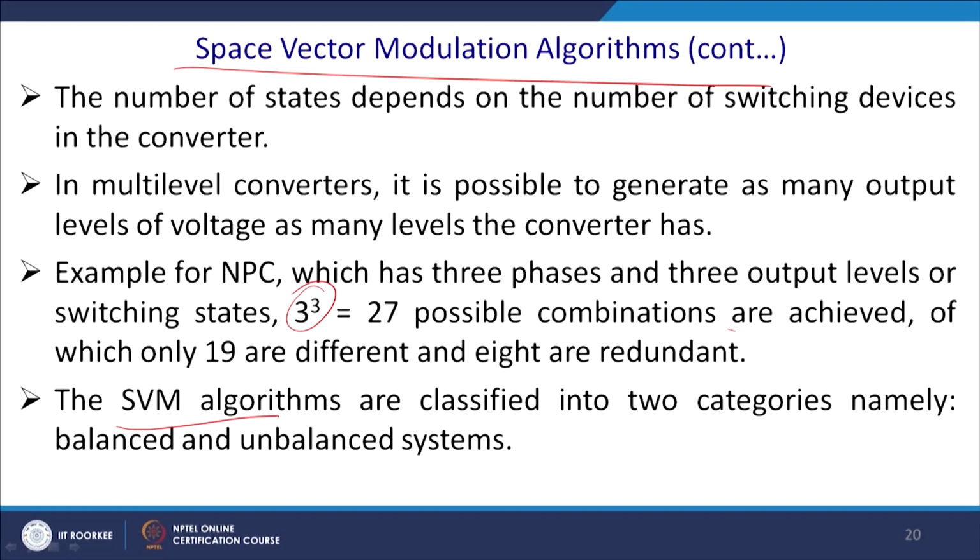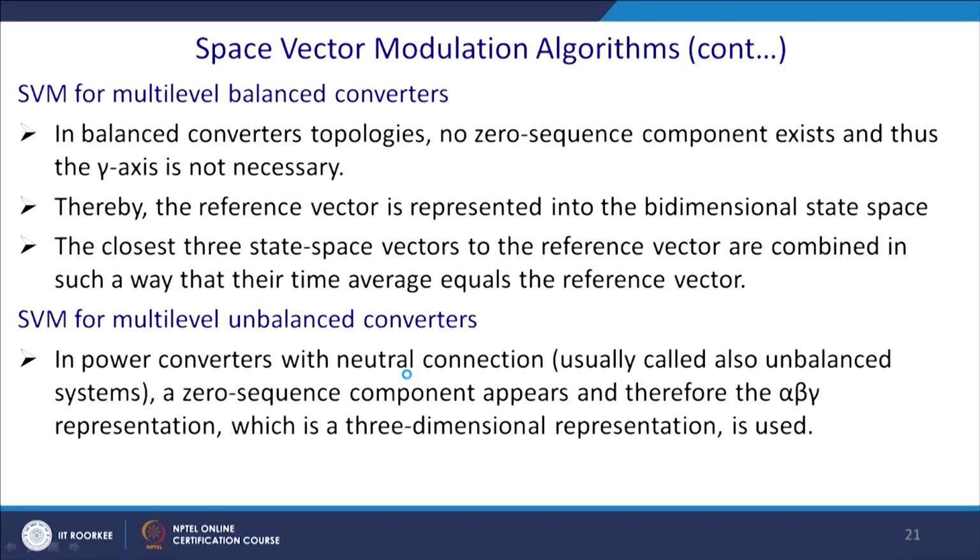The SVM algorithms are classified into 2 categories, namely balanced and unbalanced systems. SVM for the multi-level balanced converter, that is, for the balanced converter topologies, has non-zero sequence. If you have a 3-phase system with non-zero sequence component existing, thus you have another axis instead of the alpha beta.